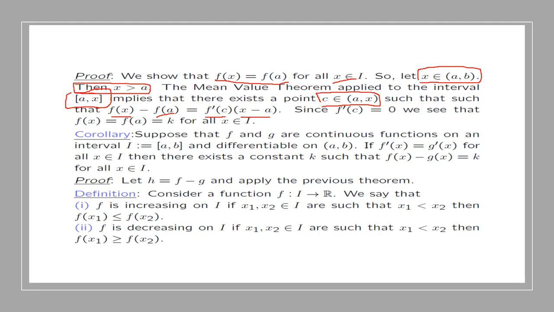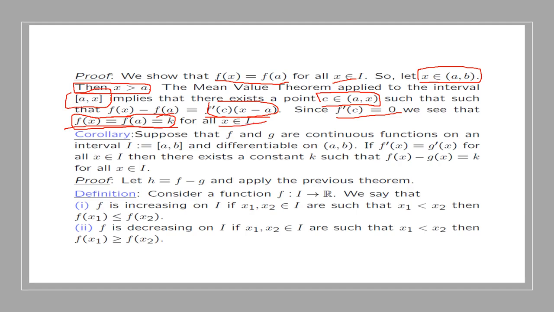But we know that f prime x is equal to 0 for all x in I, and since C is also in I, we have that f prime C is equal to 0. Now since f prime C is equal to 0, that means this is equal to 0, and therefore we have that f of x is equal to f of a. And if we set f of a to be equal to the constant k, then you have that f of x is equal to k for all x in I.